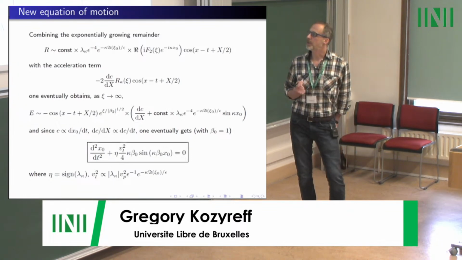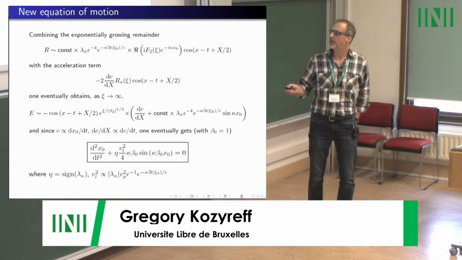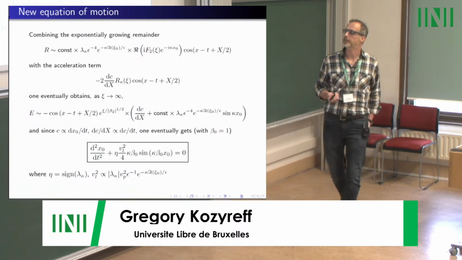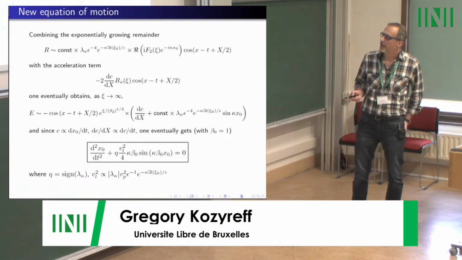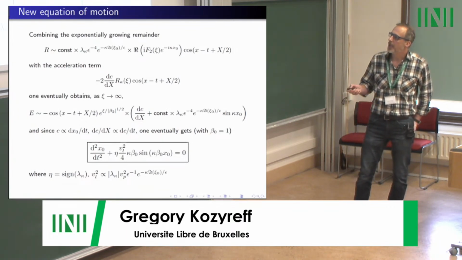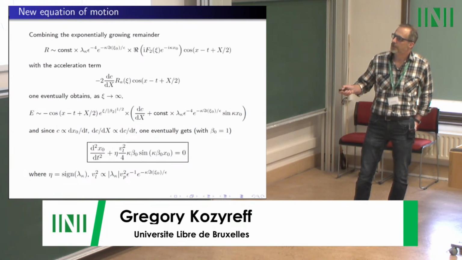If the nonlinearity is cubic, kappa would be equal to 2, and if it's quadratic, it's equal to 1. Here, eta is plus or minus 1. It's basically the sign of this numerical constant. You have to find it out numerically. And then you have this so-called locking velocity, which is exponentially small and related to our scaling in this way.